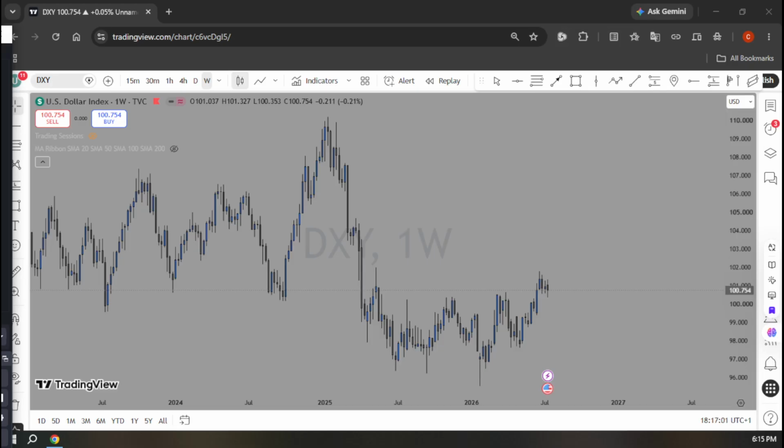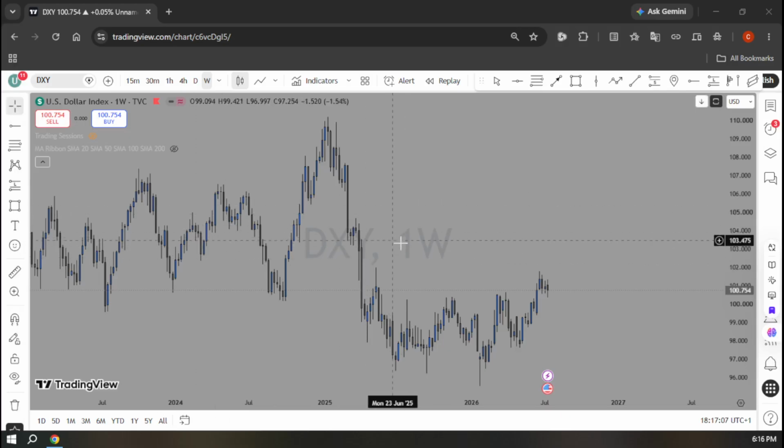So on my screen we're currently looking at the DXY, and this is the weekly time frame. So mapping out your ranges, how do we understand our trading range so we can follow suit and trade with it? Price action is always very confusing because we have too many candles involved and they'll print several highs and lows.